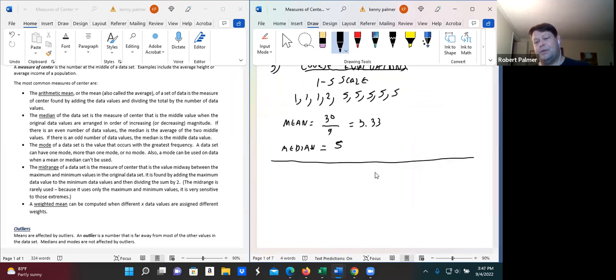Let's do one final example. This time I want to do a weighted mean. So we're doing an example of a semester GPA.